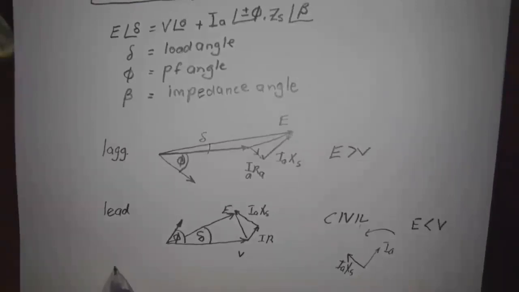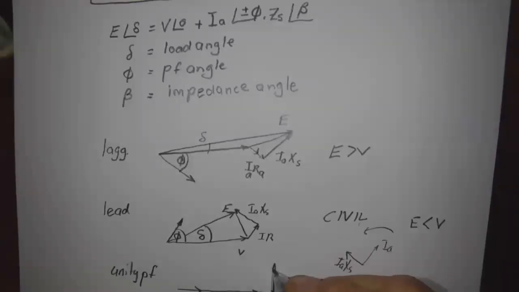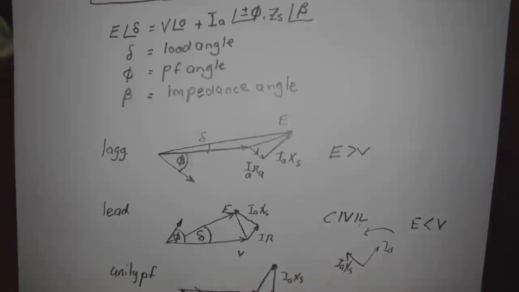Then we get a case where we have unity power factor. That is where the current is in phase with the voltage. Let's say that's IA. Then we have IA RA and IA XS. Again, that is IZS.